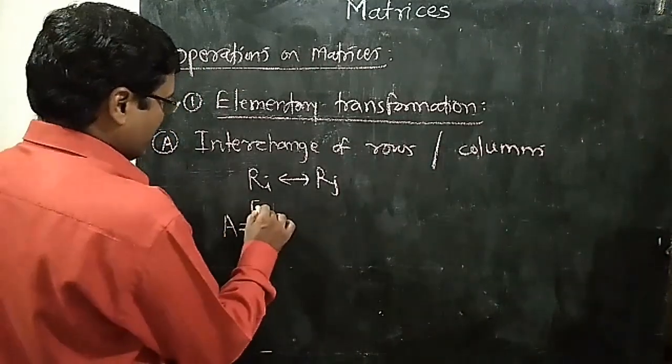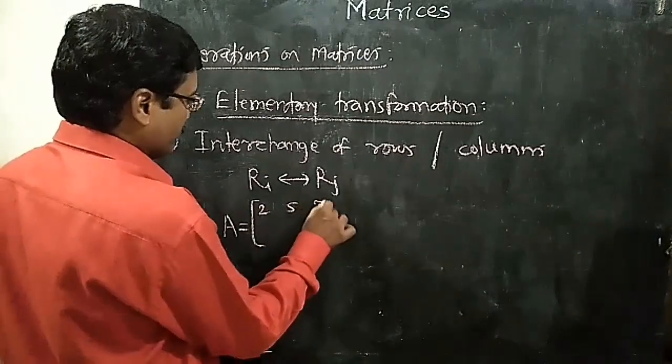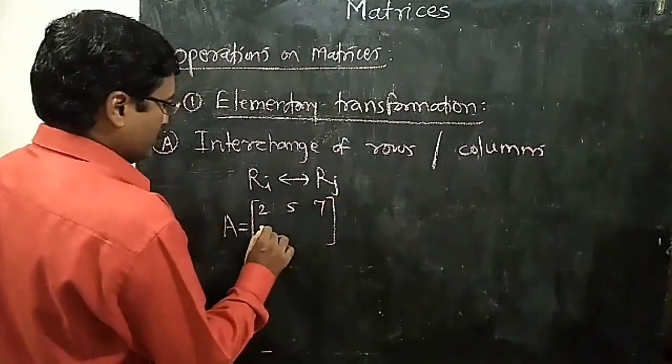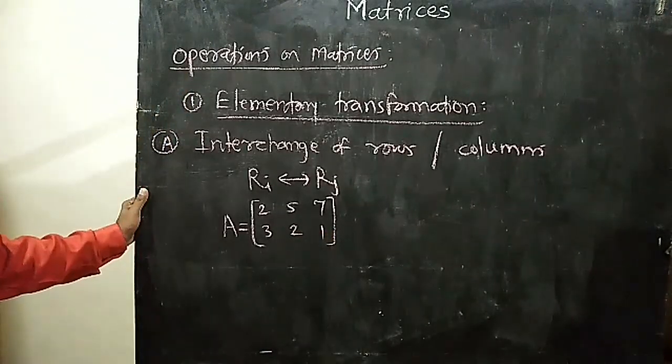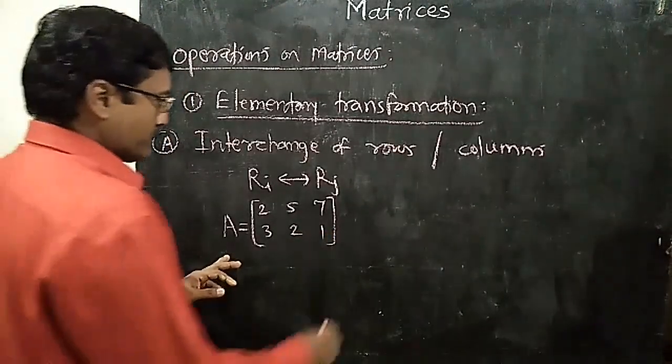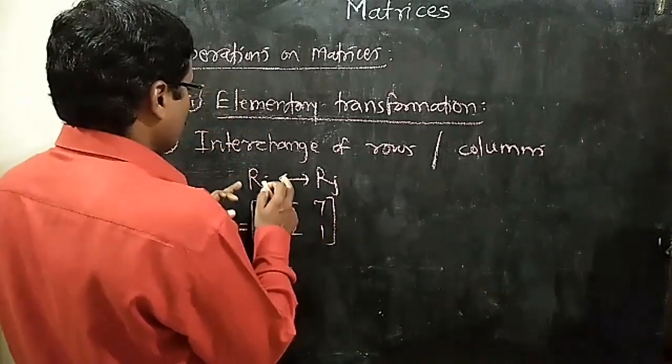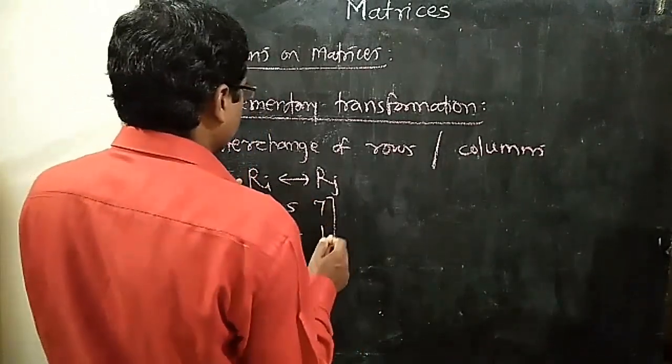For simplicity, let us take an example. A is a matrix containing elements 2, 5, 7 and, suppose, 3, 2, 1. For this matrix, we can use this operation of interchange of rows.